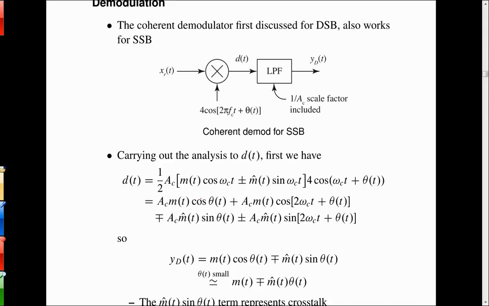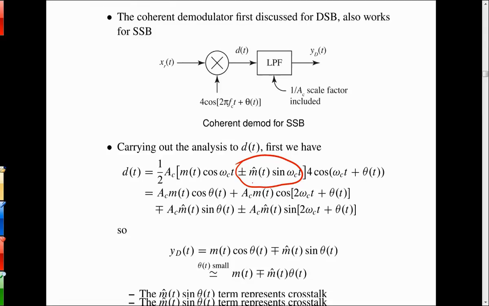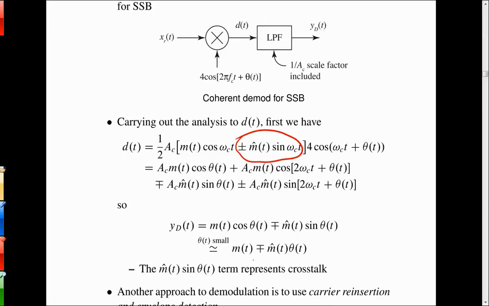But does that double the amplitude? No, because a piece that we're going to get back out from the second term, in other words, when we go through the demodulator, this term right here is not going to bear useful fruit. It's going to be what's called the crosstalk term. And this 1/2 wasn't present in double sideband, right?